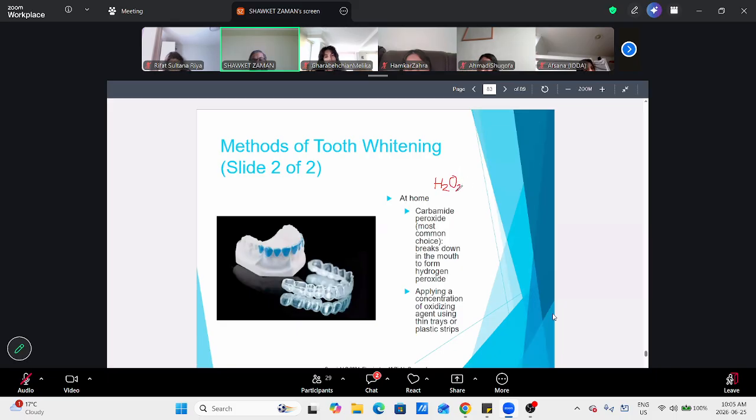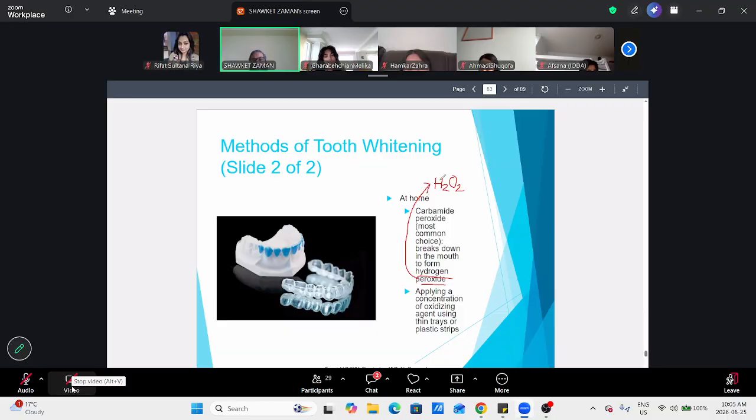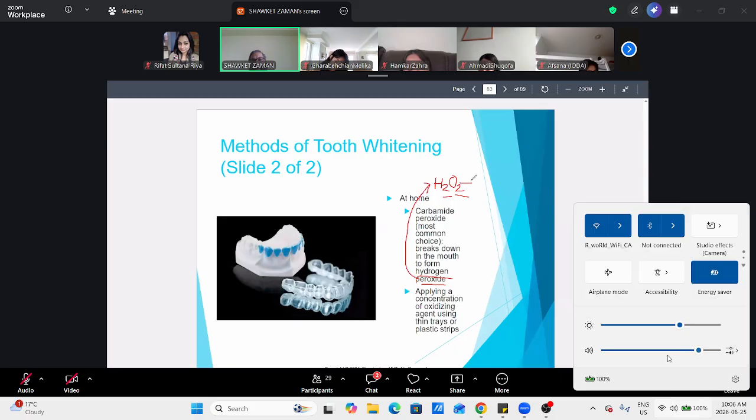Hydrogen peroxide, chemically we call it H2O2. H means hydrogen, O means oxygen, so two molecules of each. Now when we load these materials in the patient's mouth and apply light or heat, it will be divided like this: H2O plus O, that is the reaction.